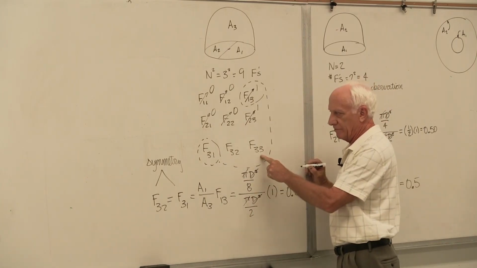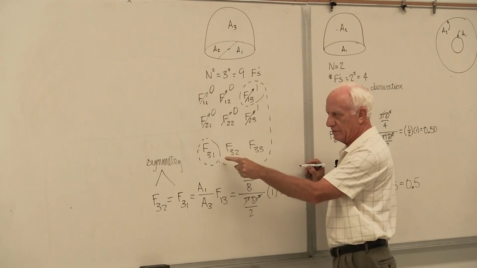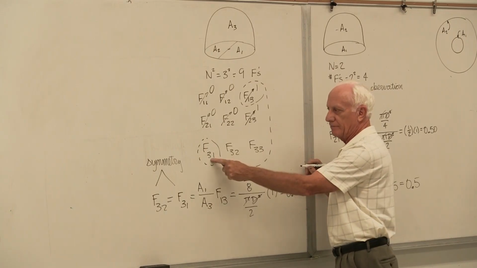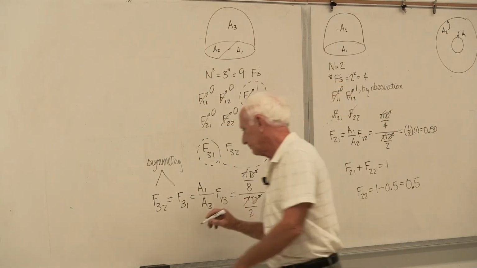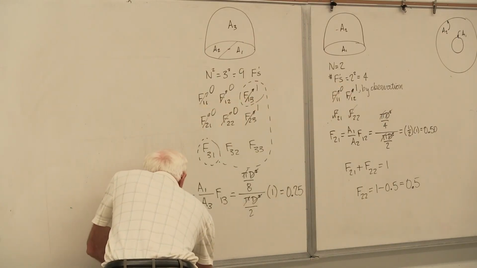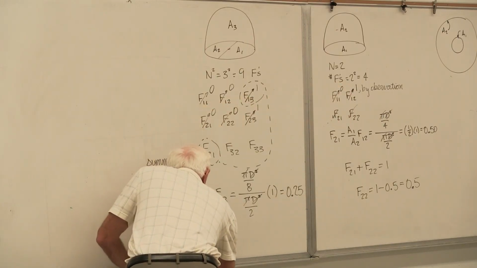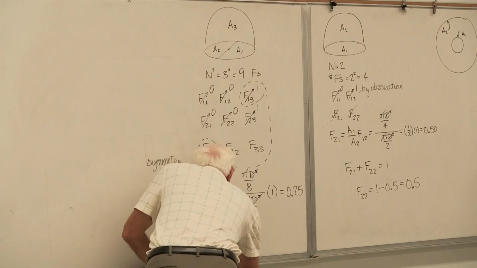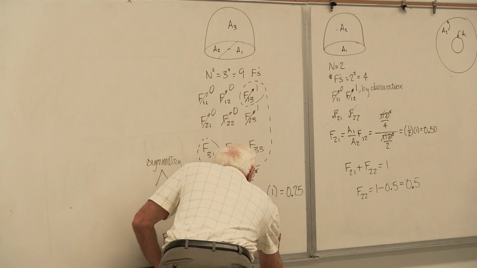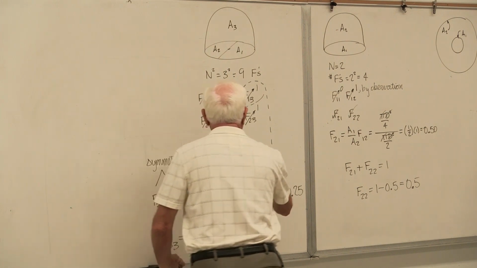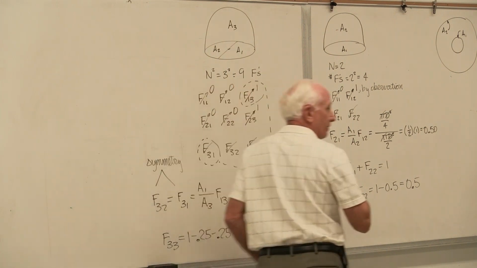I don't know F33, but I do know F32 and F31. So I say F31 plus F32 plus F33 equal 1. So got it, done. Found all 9.